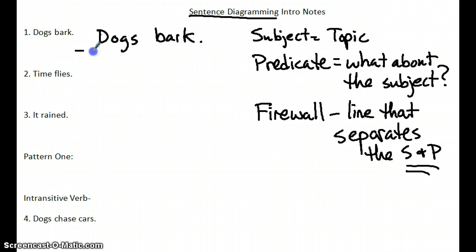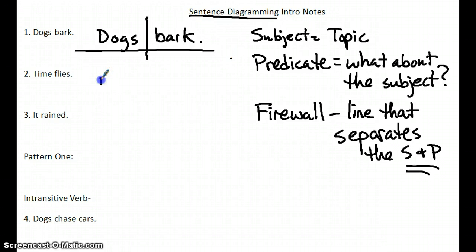Now, we're going to draw a horizontal line across. The subject goes on the left side, and the verb goes on the right side, the predicate. And we're going to draw a firewall between the two. Okay? Now, notice that the firewall extends below the horizontal line. It cuts through the horizontal line like a knife. Okay? You'll see why that's important later.